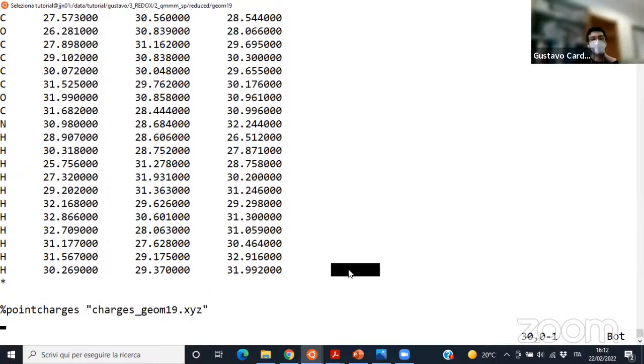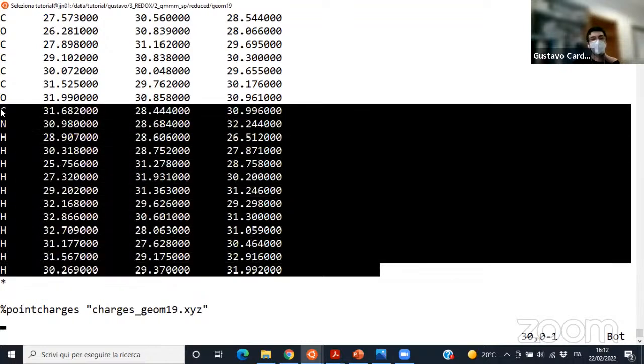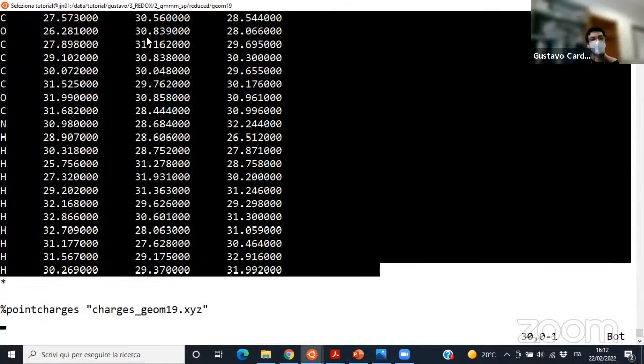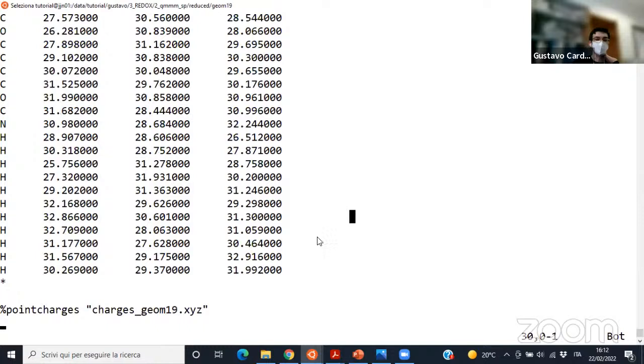Whatever appears here is the QM region that you chose. These point charges are the rest of the water molecules. Now, if you chose 1, 2, then you would also have, for example, 1 water molecule here, and it wouldn't be present, of course, in the point charges file. So this is the other file that is generated.